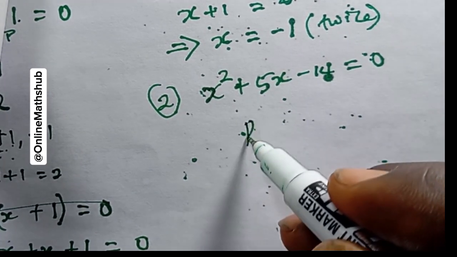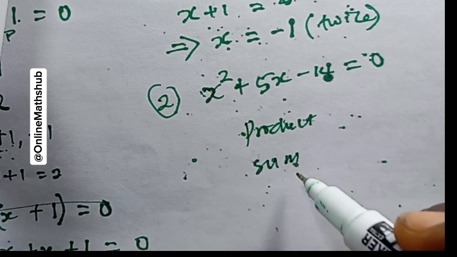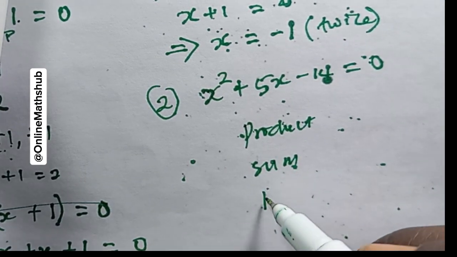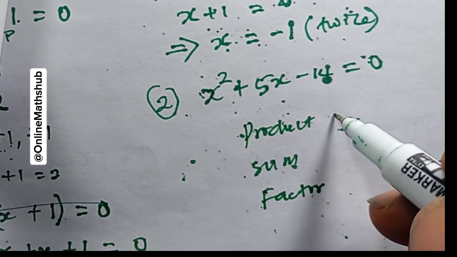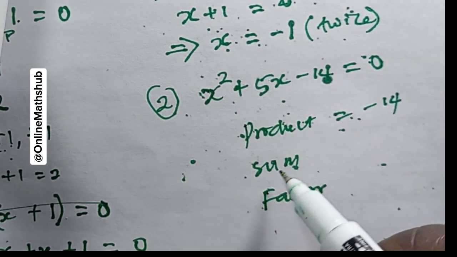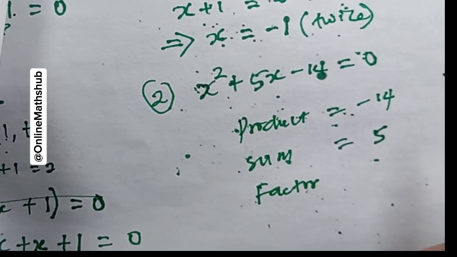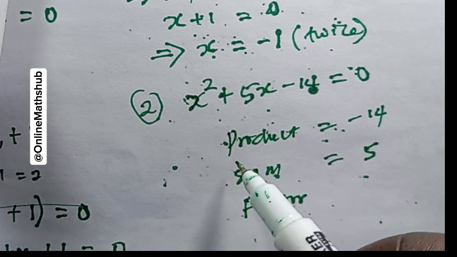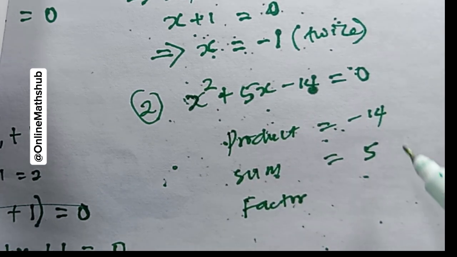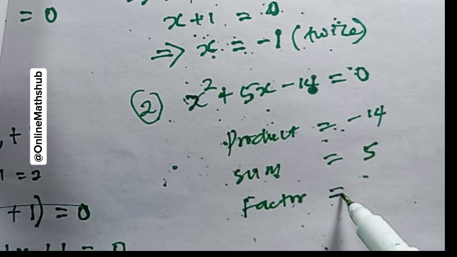So you can even itemize the items you need. So you need the product, the sum, and also the factors. Okay, so for product, what we need right here is minus 14, and then for sum you need positive 5. And then for factors you need two terms that when you multiply them it will give you negative 14, and when you sum them it will be equal to 5.